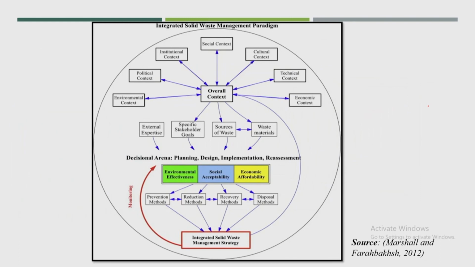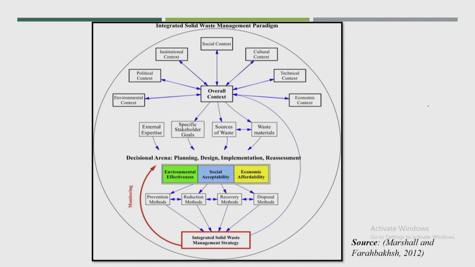When you talk about an integrated solid waste management strategy, it includes the entire set of issues of the solid waste management system, starting from the cultural, technical and economic context.